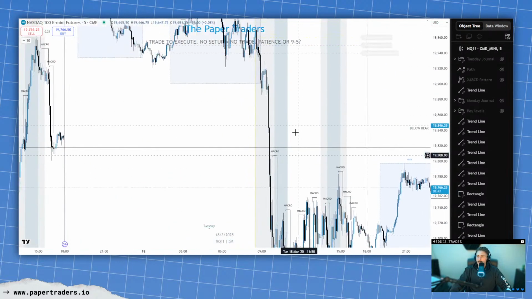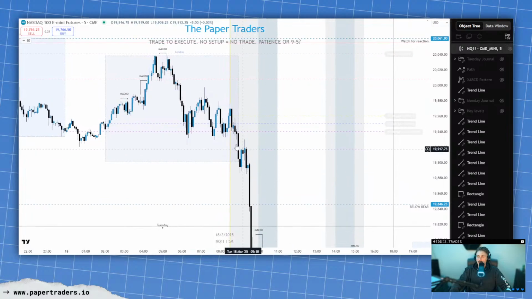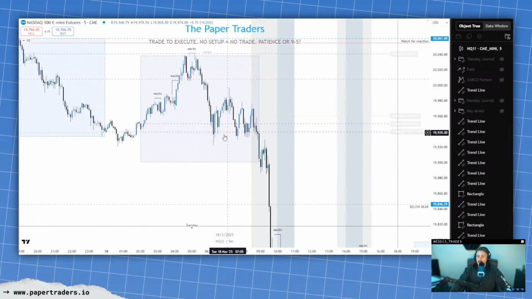Sorry, 5 minutes I was saying earlier, we were watching this 19940 in our Discord. We outlined that perfectly. We said, okay, anything below the opening price, we are going to be looking for downside, right?